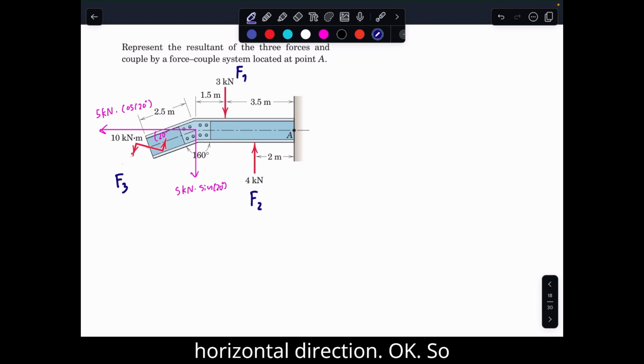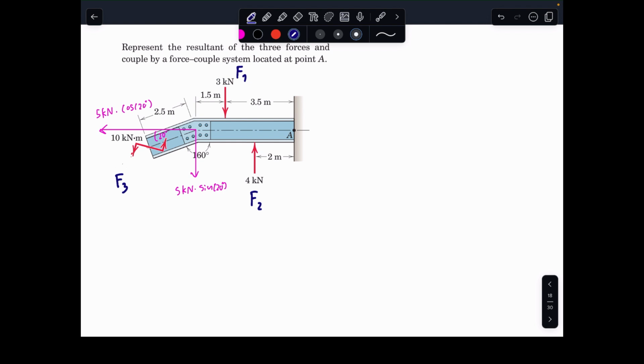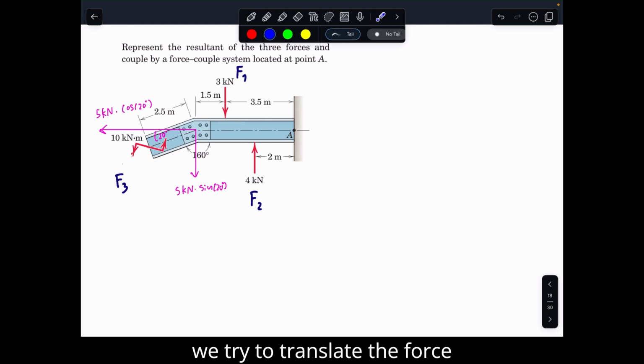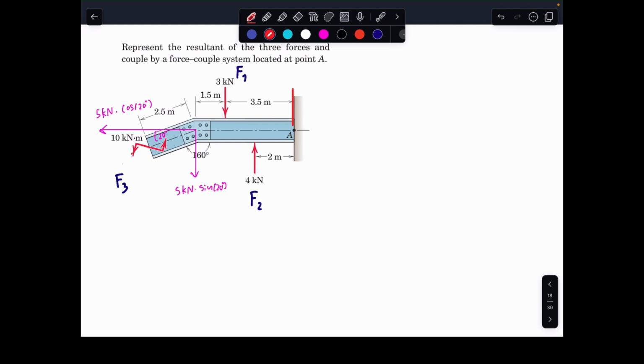If we want to determine the resultant of three forces, first we have to take into account the summation of the forces. But before we take a summation, we translate the forces one by one. So I translate F1 here into point A. To do that, with the similar concept that we have learned, we move the force from there to here with the same magnitude.